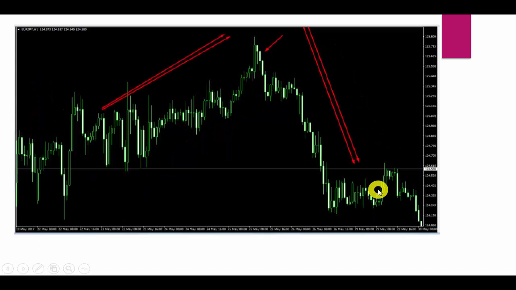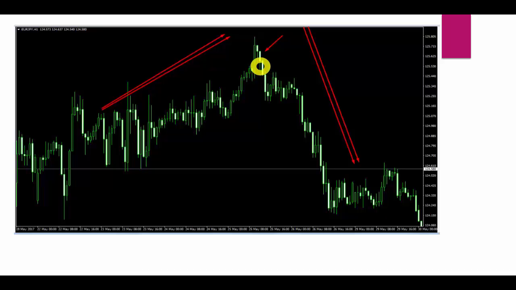Now we have another example of the three black crows pattern, the EURJPY H1 chart. Friends, you can easily see that the market was in a bullish trend, but first we got a bearish candle, another bearish candle, but it has a lower shadow.